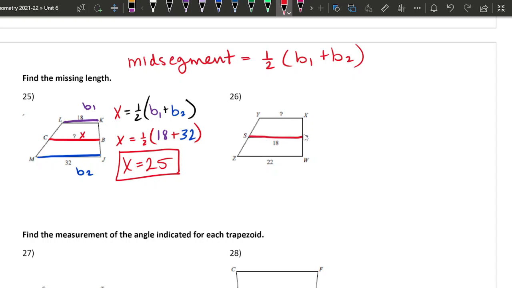Like on number 26, the mid-segment is 18. And what I'm calling B1 is what I'm looking for. That's now X is B1, my base. And B2 is 22.